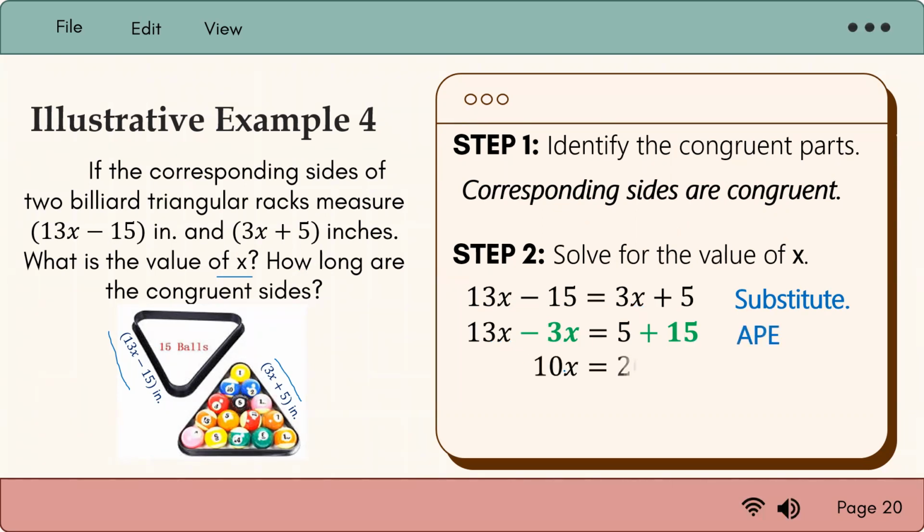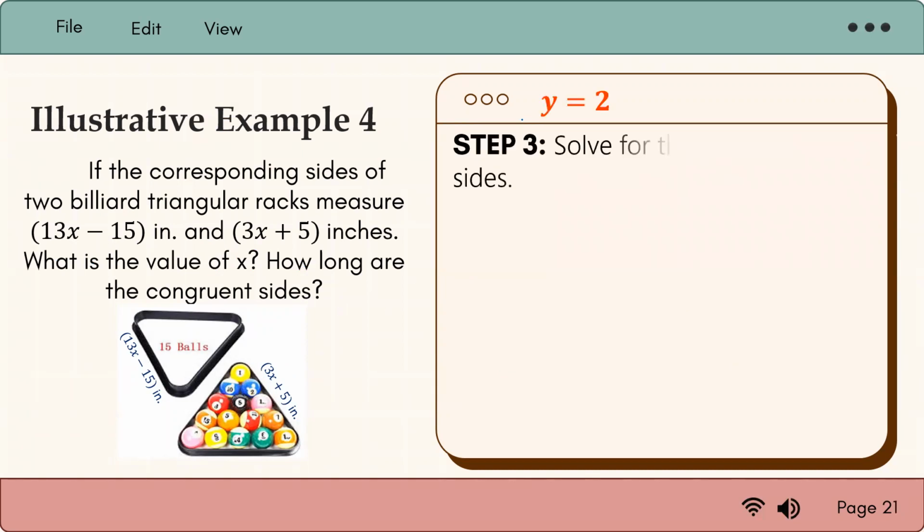Then this is 10x equal to 20. Just multiply by 1 over 10, the reciprocal of the coefficient. So x is equal to 2. Now we have the answer to the first question.